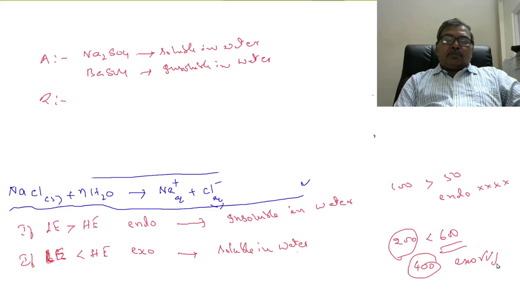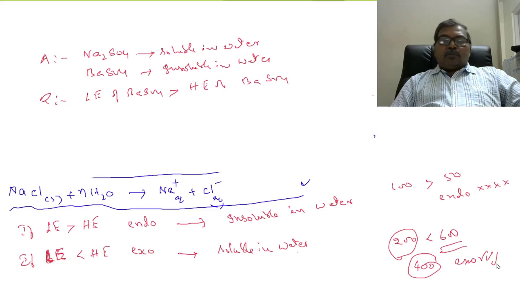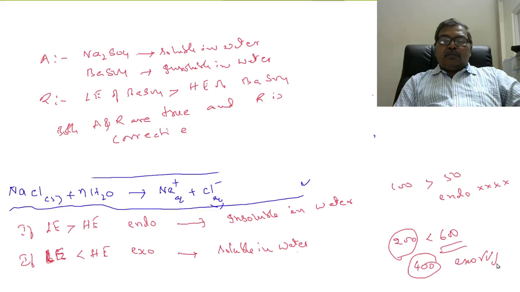Reason: lattice energy of BaSO4 is greater than hydration energy of BaSO4. So, for this question, both A and R are true, and R is the correct explanation for A.